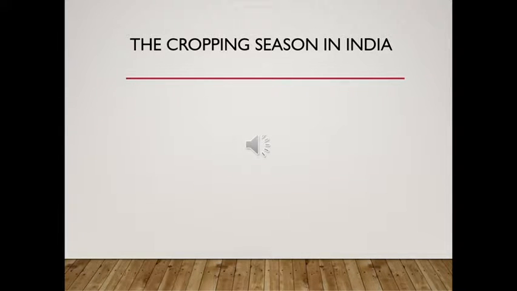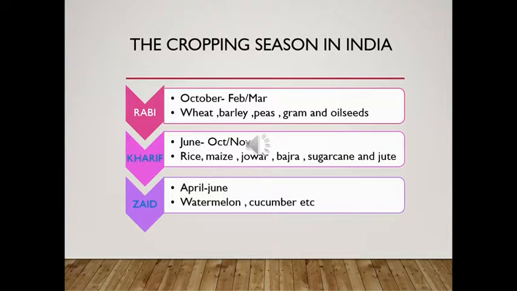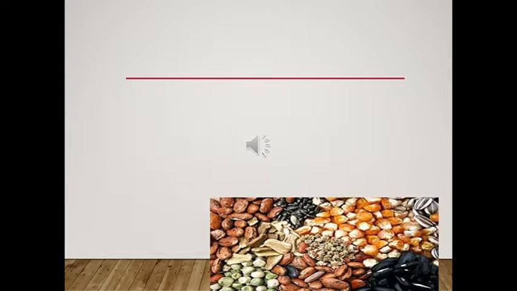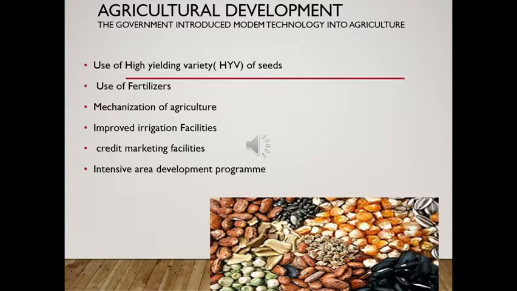There are three cropping seasons in India: Rabi, Kharif and Zaid. Agricultural development refers to efforts made to increase farm production in order to meet the growing demand of increasing population.